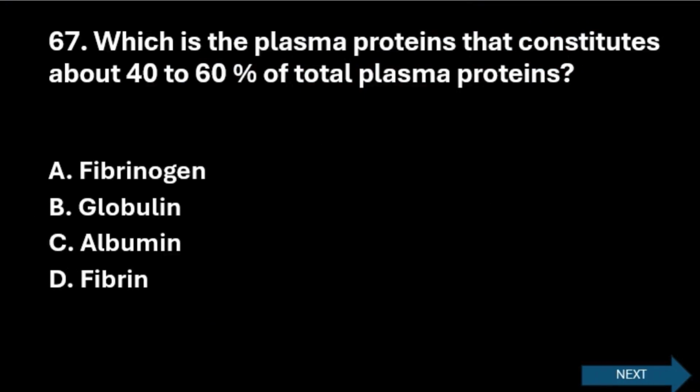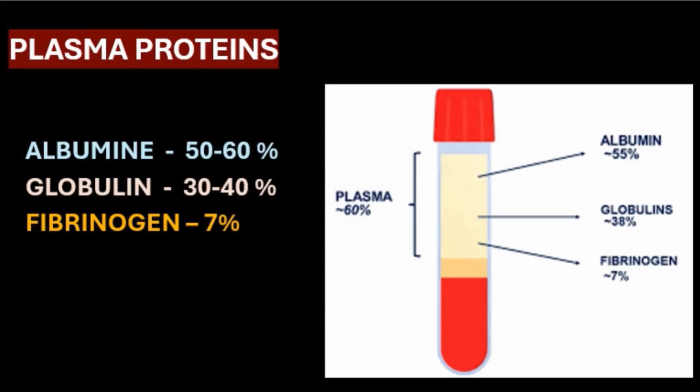Which is the plasma protein that constitutes about 40 to 60% of total plasma protein? Option A, fibrinogen. Option B, globulin. Option C, albumin. Option D, fibrin. The right answer here is option C, albumin. You can see the diagram and the chart here.